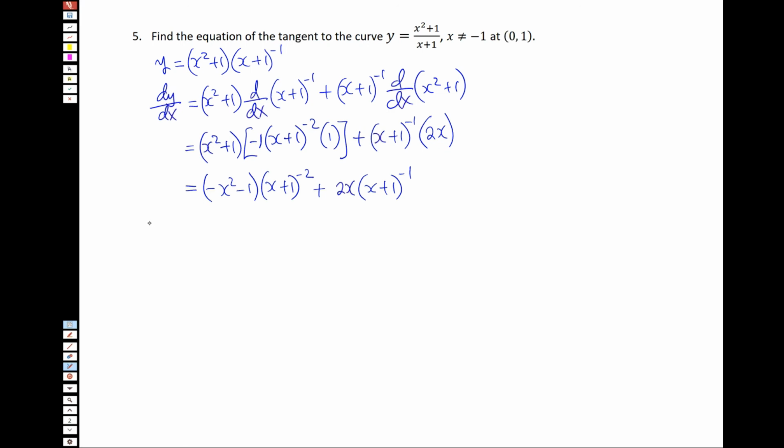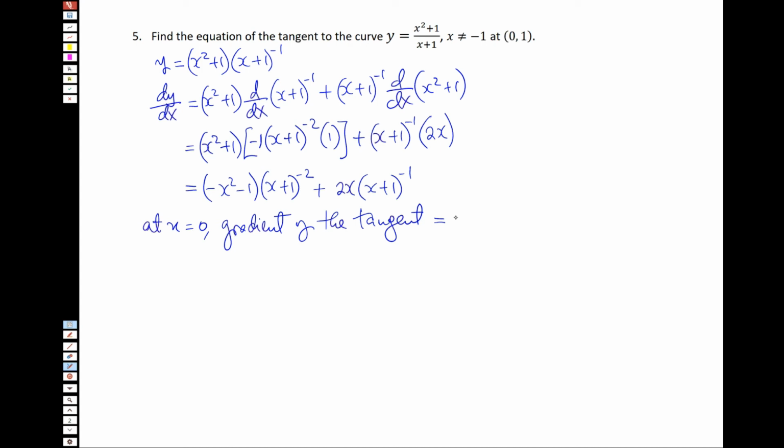So at x equals 0, the gradient of the tangent will be equal to, we substitute 0 in place of x in the gradient function.